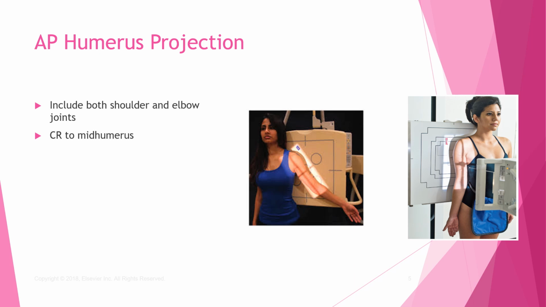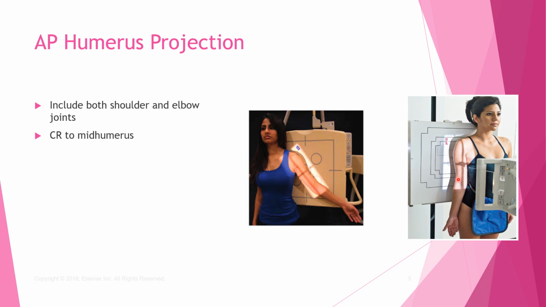Central ray is to mid-humerus, so midway between the elbow and the shoulder, so about halfway down the humerus. You can see in this particular image, which is like 5.26 on 185, they have her standing with her arm right by her side, and they're finding the midpoint between the elbow and the shoulder.